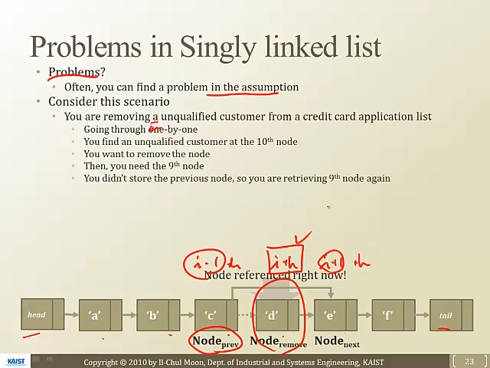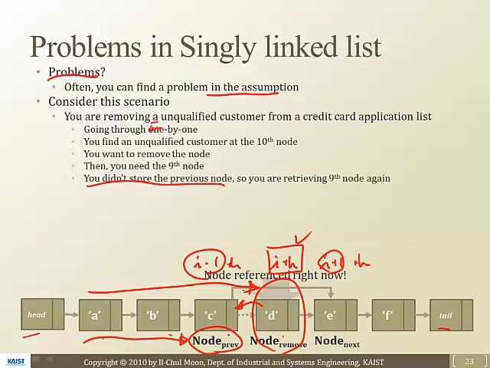And then if you didn't store the previous node, you have come to this part, and then what happens next is that you have to come to this part again. It means that it would be pretty handy to be able to go back to the previous node, right?